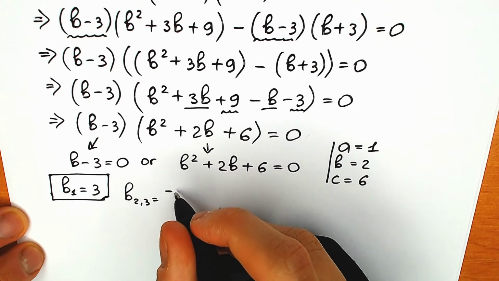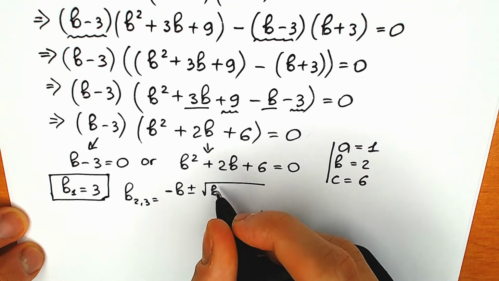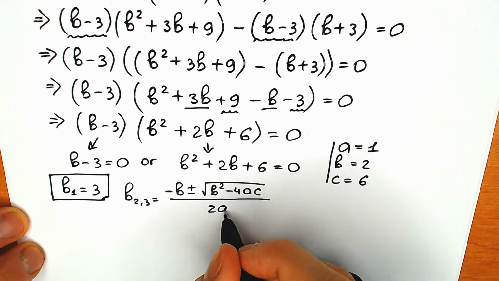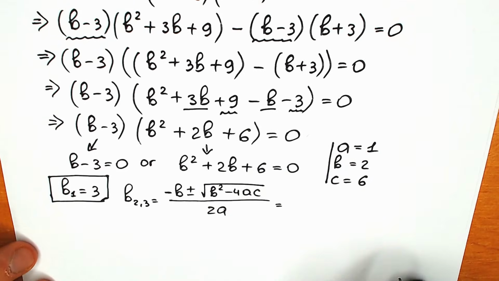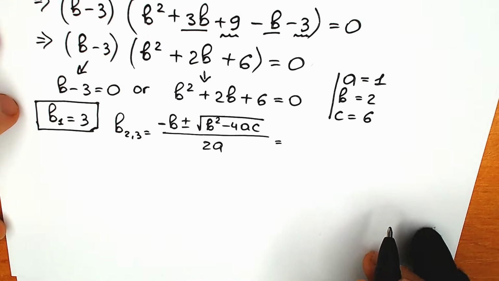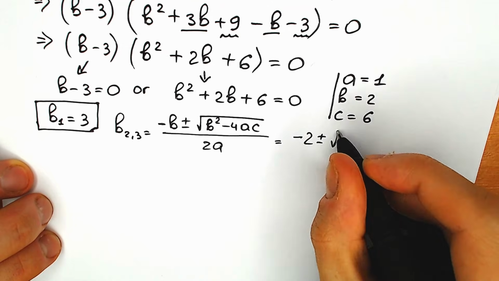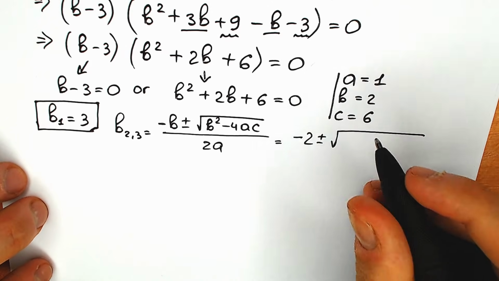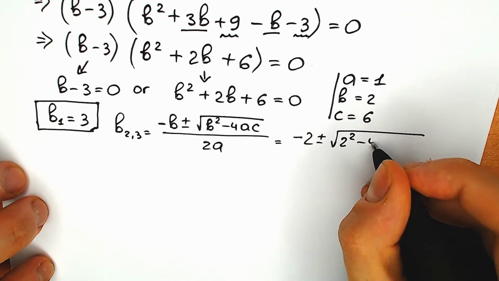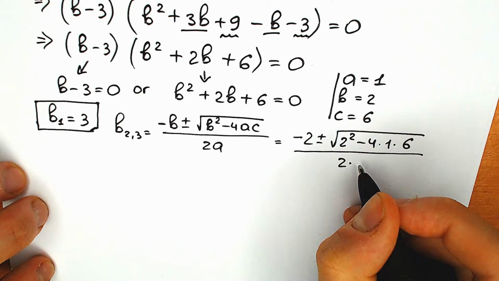or let's write our full formula. We have minus b plus minus square root of discriminant, so b squared minus 4ac, and all over 2a. Let's plug in each of these elements into this spot. Okay, let's do it. First of all, we can plug in minus b, so minus 2 plus minus square root of b squared minus 4ac, b squared, so we have 2 squared minus 4 times 1 times 6, and all over 2 times a, 2 times 1.